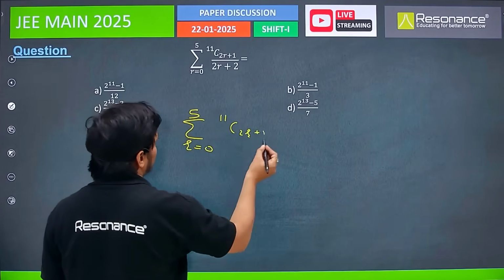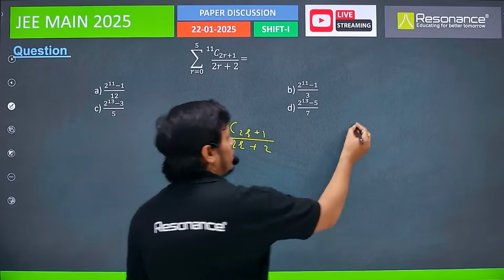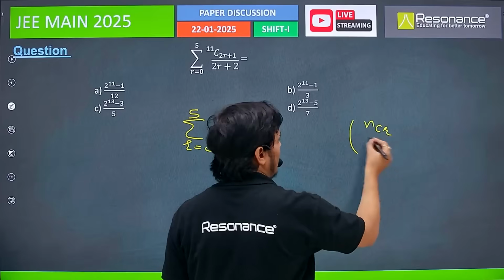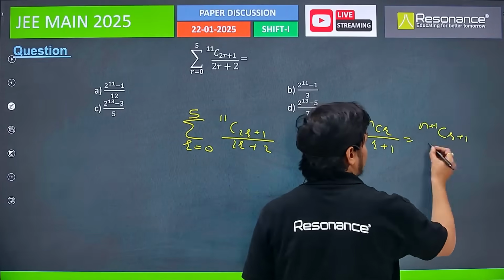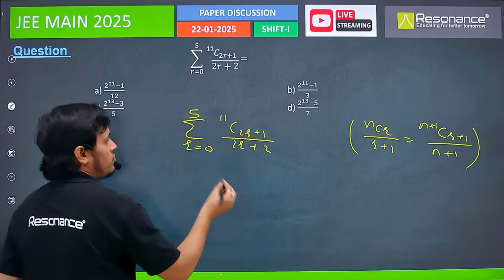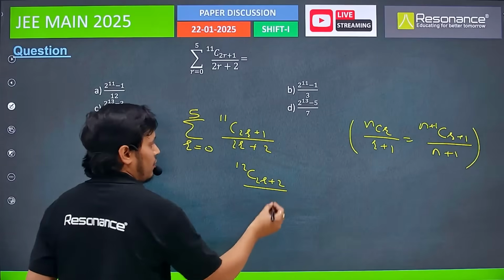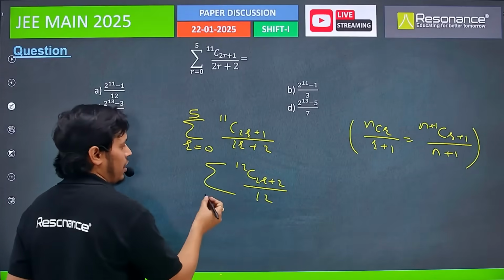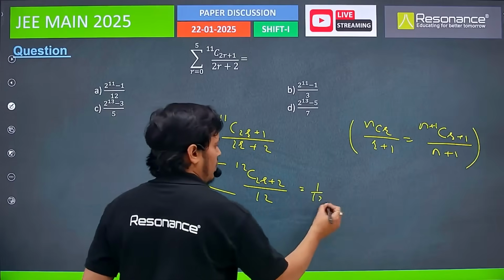Sigma of 11C2r plus 1 by 2r plus 2. Okay, so there is one formula which I am going to use: nCr by r plus 1 equals n plus 1 C r plus 1 by n plus 1. If you use that formula, this becomes 12C(2r plus 2) by 12, and sigma r equals 0 to 5. That 1 by 12 will be out.